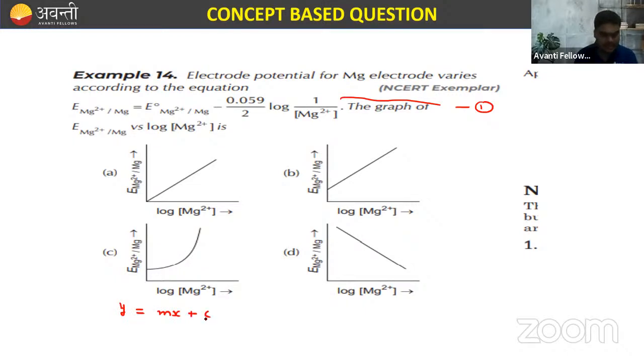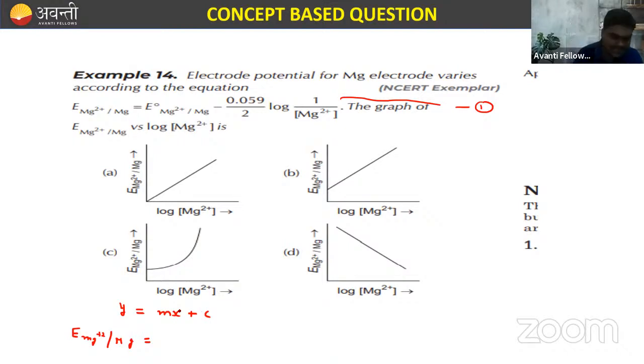So in case of y, we have E of Mg2+ to Mg. I got one response, that is A. One student said A.